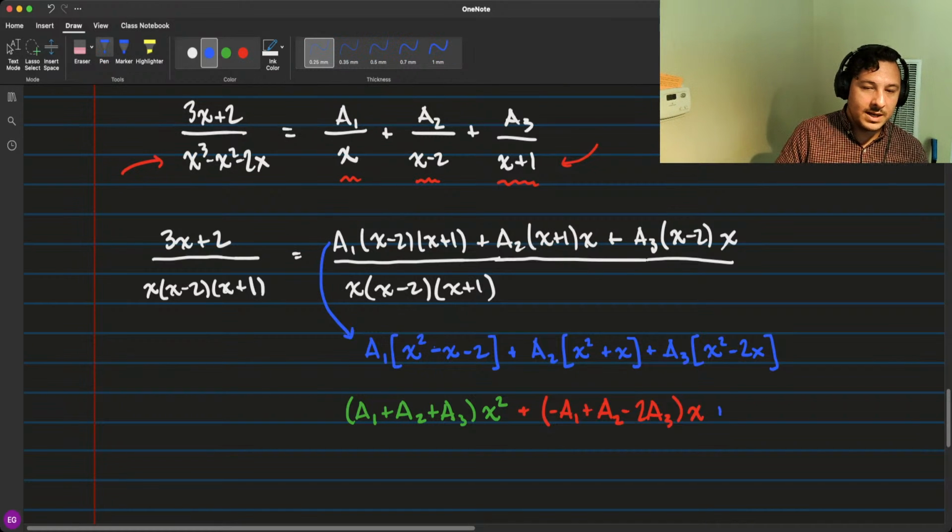Okay, then we have some constant terms. You're going to have a1 times negative 2. So let's just put those together: minus 2a1. And then there are no other constant terms.